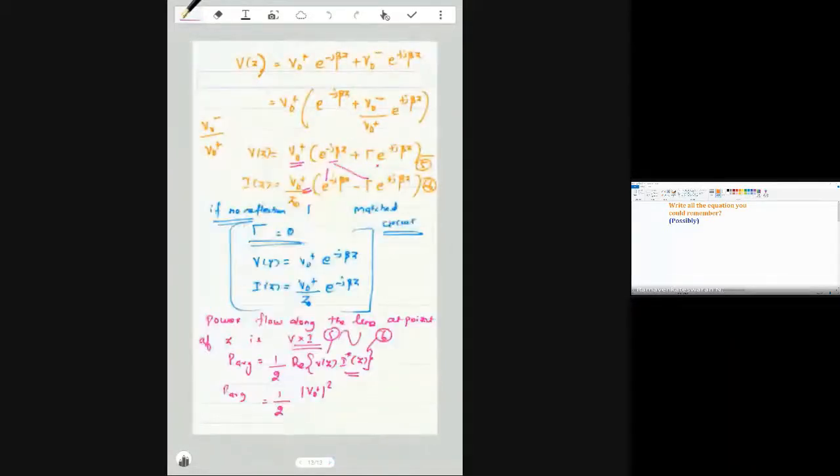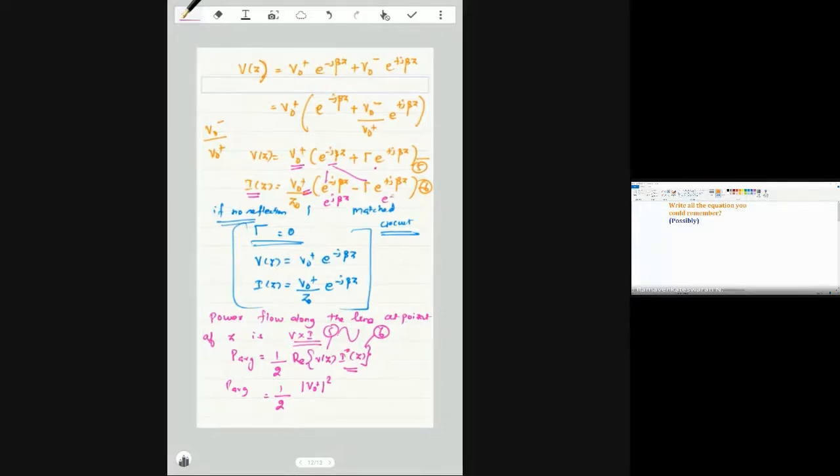Somewhere when you take this I of z, you have to take a conjugate. So what does that conjugate mean? You take e power minus, and e power plus j beta z becomes e power minus j beta z. So that is a conjugate, right? Because in the polar format, what is a conjugate? This is for rectangular format.